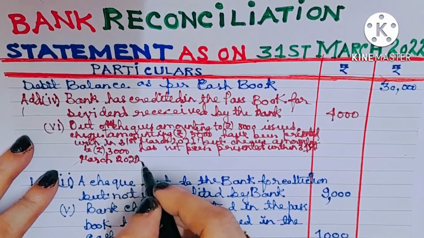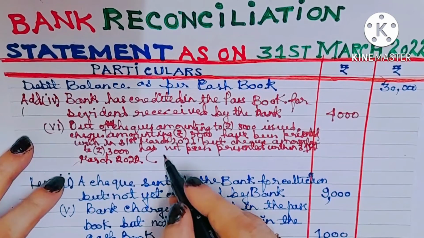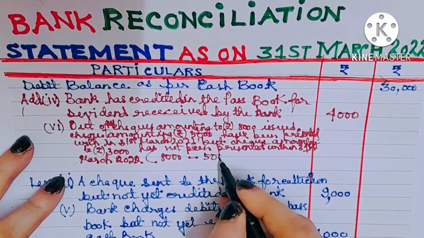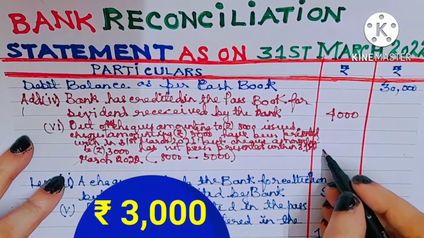So you got to show 8,000 minus 5,000. So we got to add rupees 3,000.